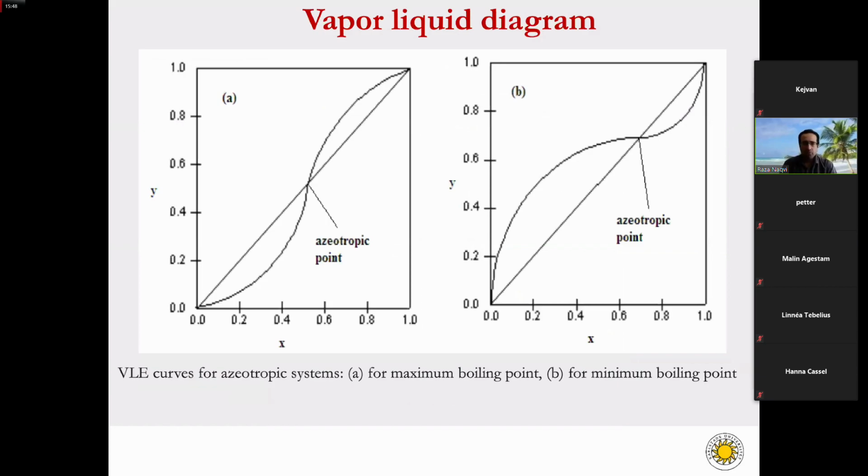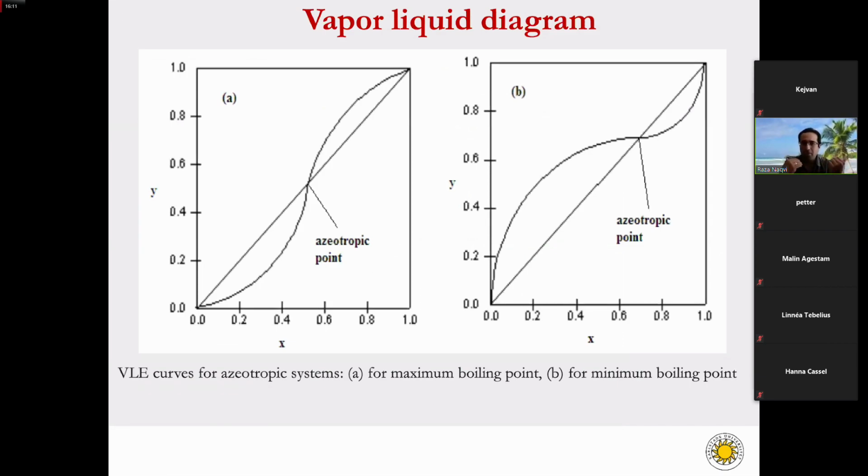when the mole fraction of one component in the liquid phase becomes equal to the mole fraction of that component in the vapor phase. So for example, if 0.5 is the mole fraction of the component in the liquid phase, it will be 0.5 in the vapor phase. So it means there is no gradient available.